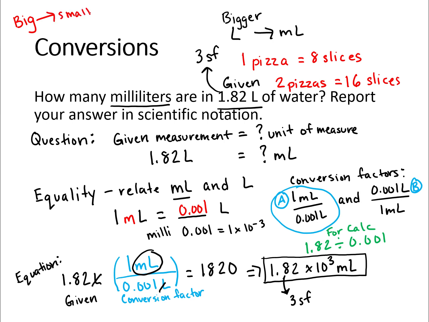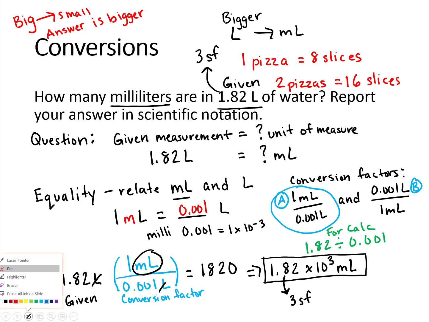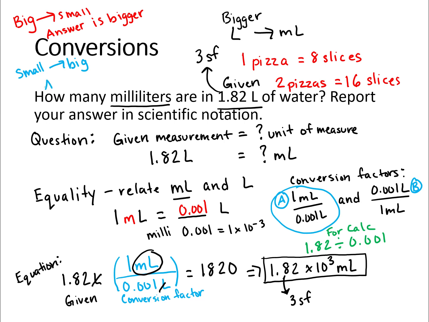If you're going from a big unit to a small unit, your answer is going to be bigger. If you're going from a smaller unit to a bigger unit, then your answer is going to be smaller.